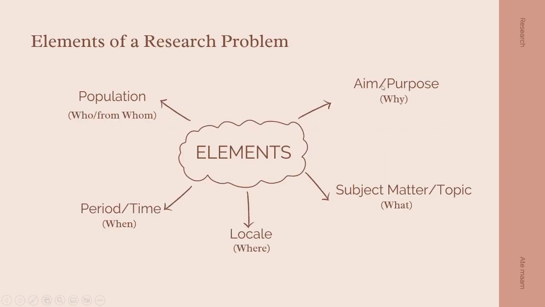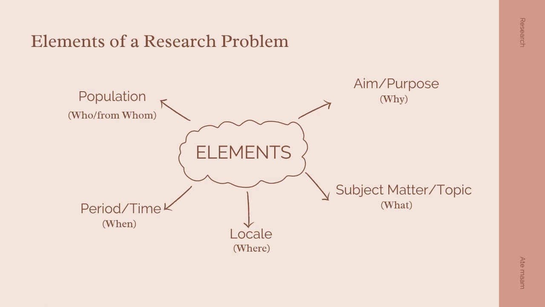We have the aim or the purpose, or the why do you want to conduct this research study or research problem. Next is the subject matter or topic, which is the what. It is the thing that you want to focus on in your study. Next is the locale or where. You need to know where is that problem existing.